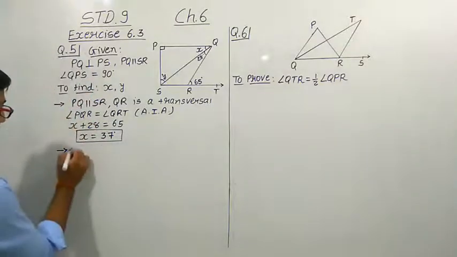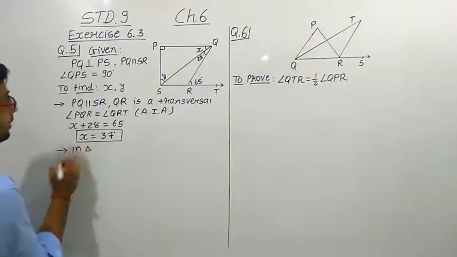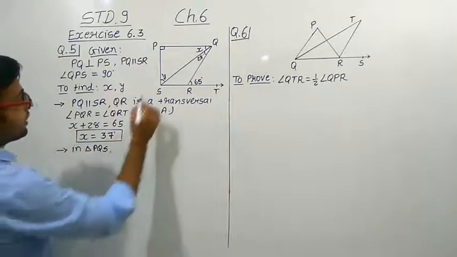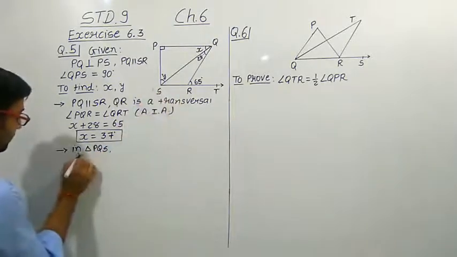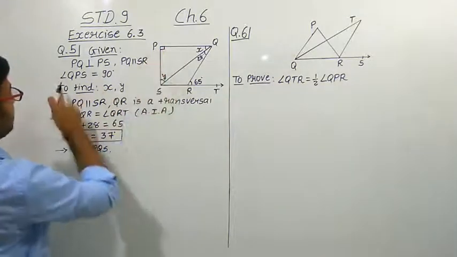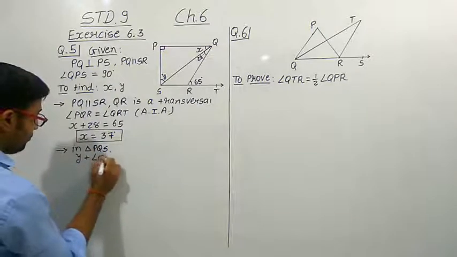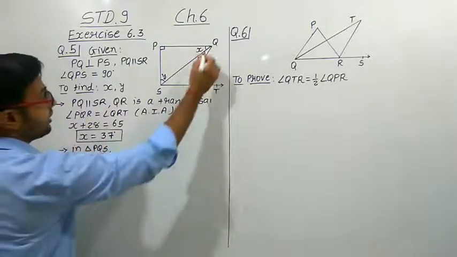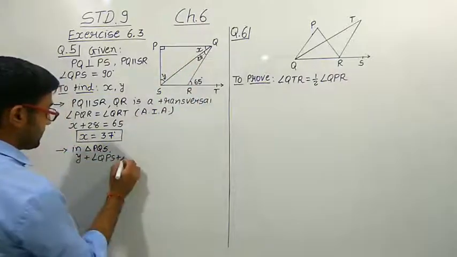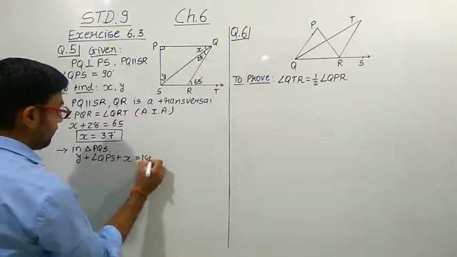So here we can write that in triangle PQS, the first angle is Y, the second angle is QPS, and the third angle is PQS, that is X. Total will be 180 degrees.